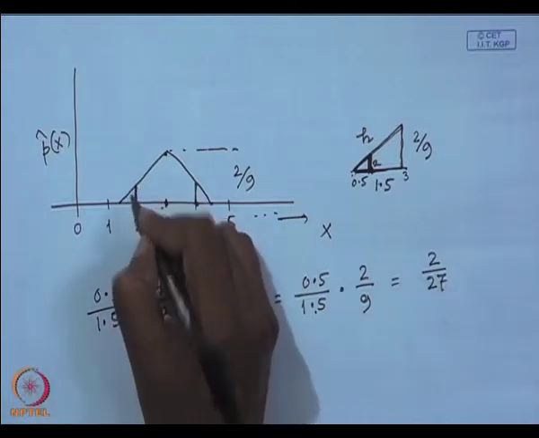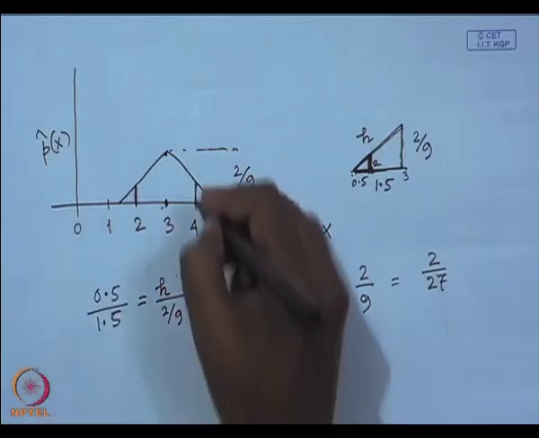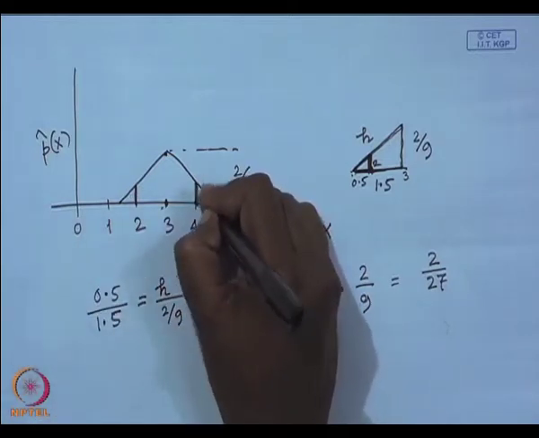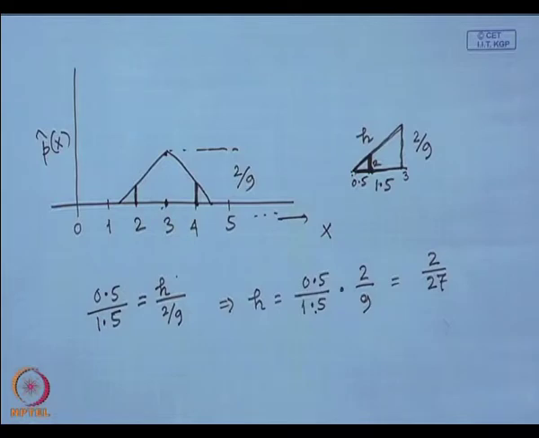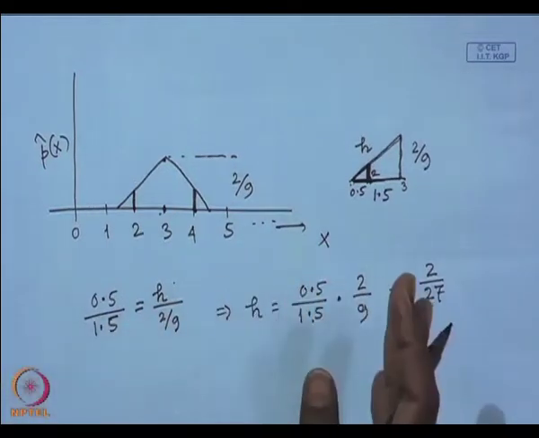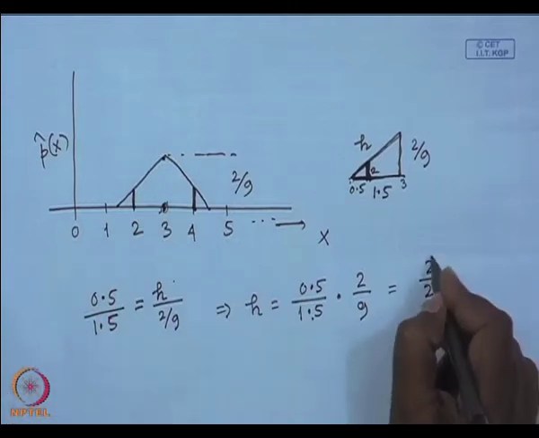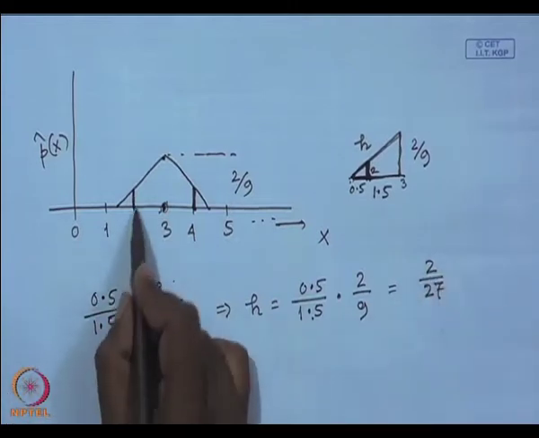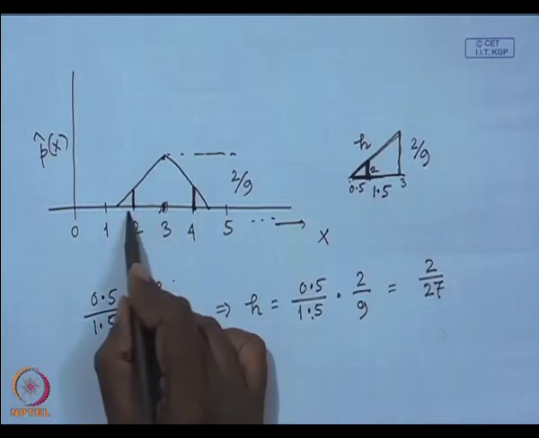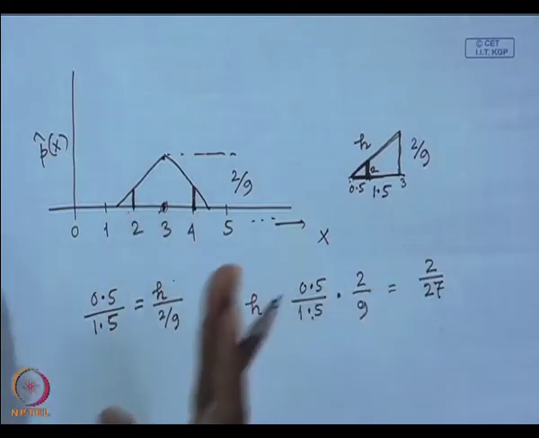So, this height is 2 by 27, and by symmetry this height is also 2 by 27, because this window is a symmetrical window. So, the final probability density at location 3 will be twice this 2 by 27, because that is this height plus this height, since these two are the samples which lie within my triangular window.